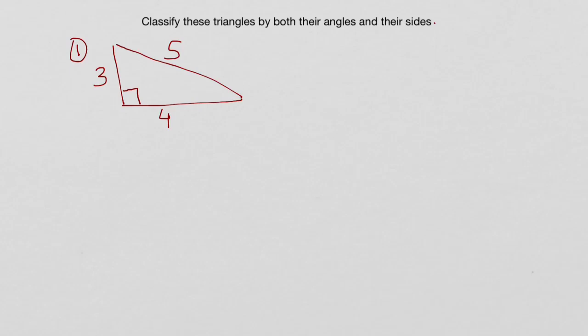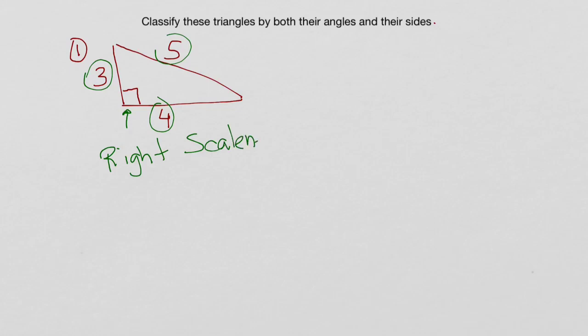First of all, you should be thinking about the angles, and you notice that there's a right angle. So at the very least, you know it's a right triangle. And then if you look at the sides, they are all different lengths, 3, 4, and 5. So I know it's a scalene triangle. So it's a right scalene triangle.